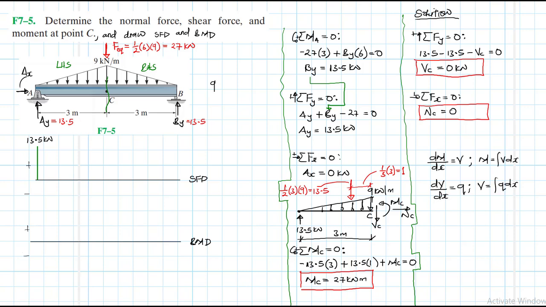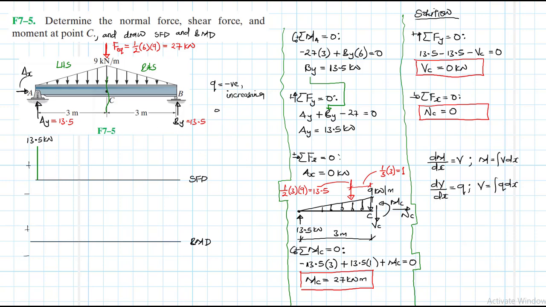So our load Q is negative and increasing. Okay, it's negative and it is increasing from A to C, from 0 to minus 9 kilonewtons per meter.